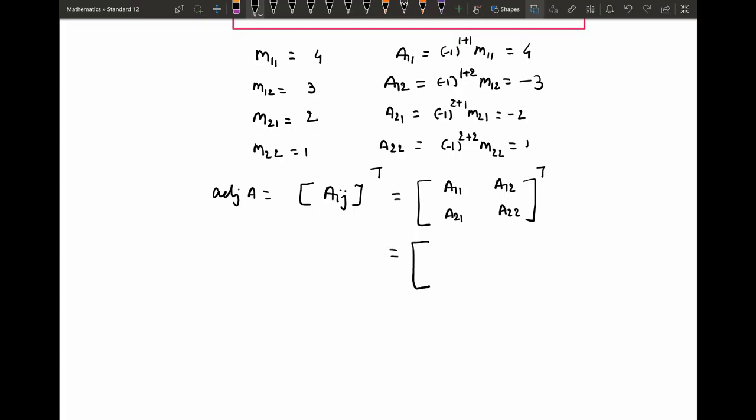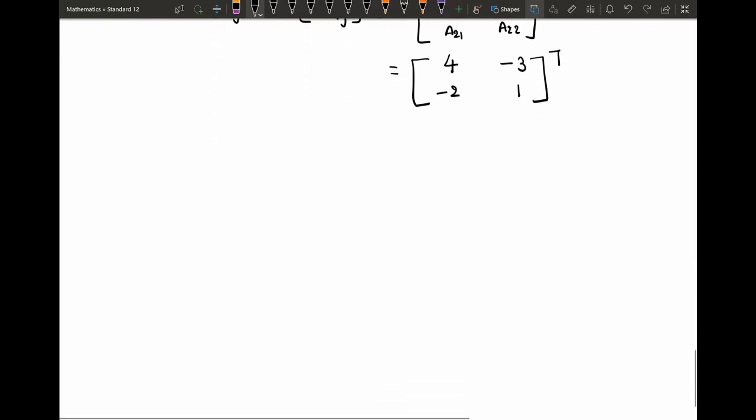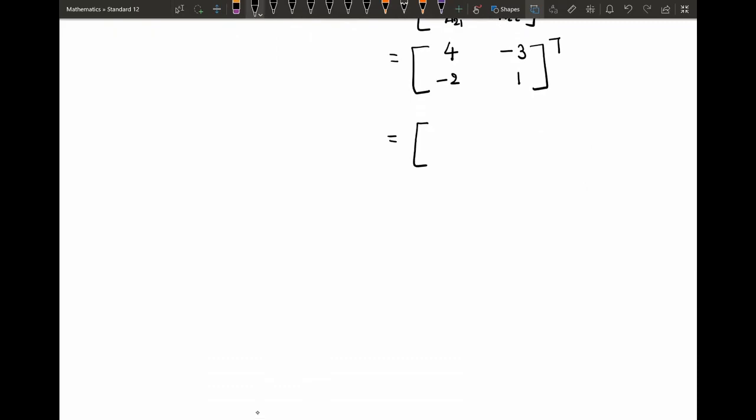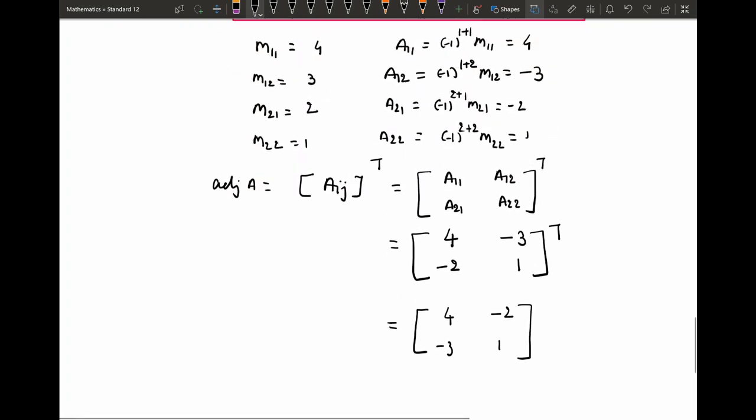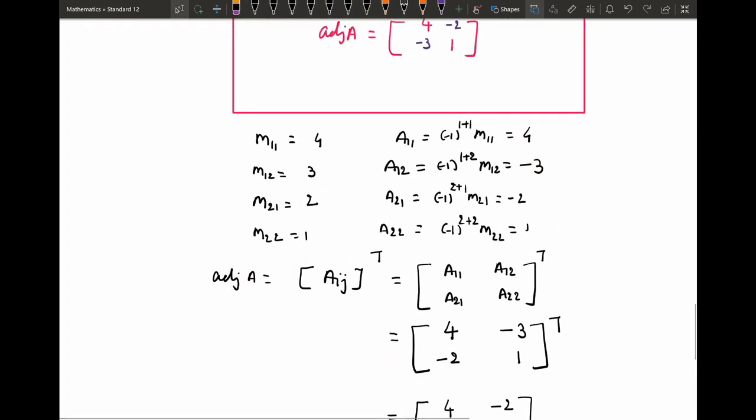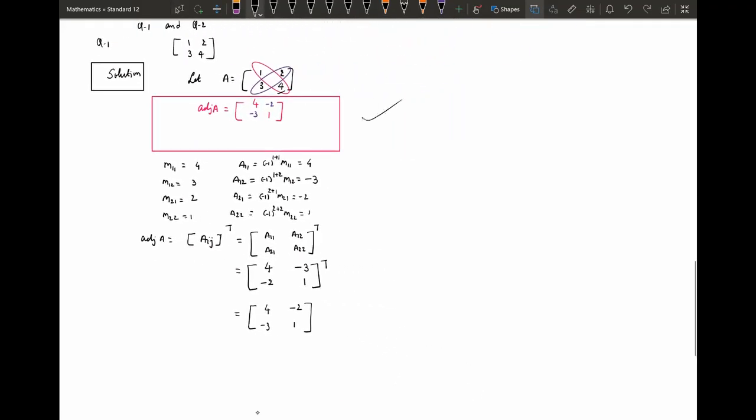So A11 is 4, A12 is minus 3, A21 is minus 2, A22 is 1. Now we have to take the transpose, so rows are converted into the corresponding columns. So 4, minus 3, minus 2, 1. You can observe this is the adjoint, the same as by the shortcut.